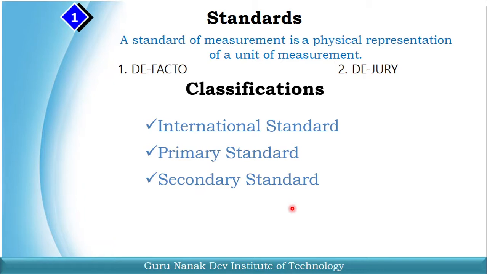Basically we use secondary standards to calibrate our test equipments like multimeter, cathode ray oscilloscope or frequency counter. All these equipments are calibrated using the secondary standard, after a certain time, when the output of your instrument is not as per the precision and accuracy.